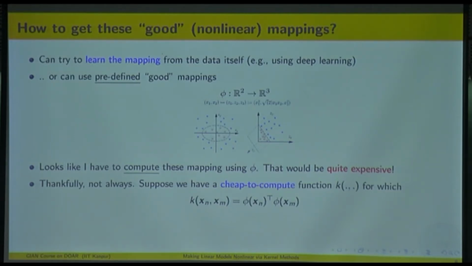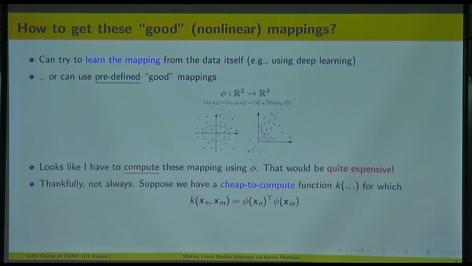So the idea is that, given some data, we can define something called a kernel function, which is denoted by k. It takes as input two points, xn and xm, and I'm saying that this is a cheap to compute function. I'll explain why it is cheap to compute.